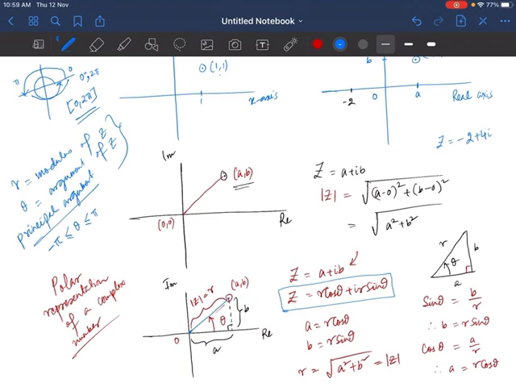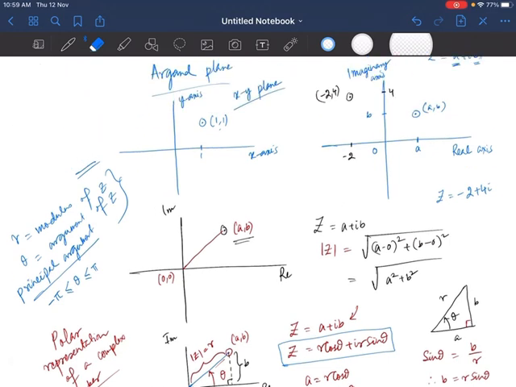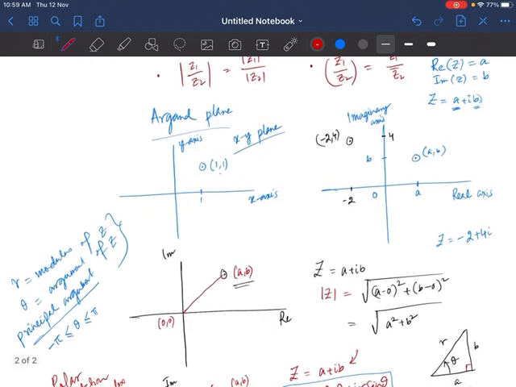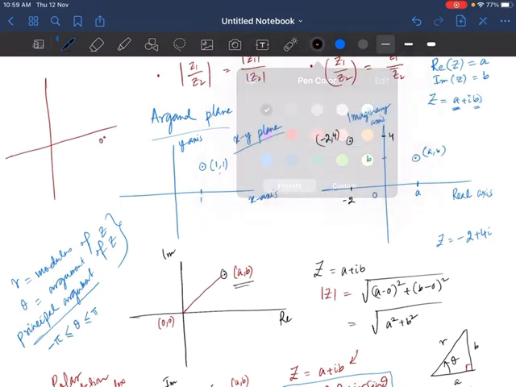Let me do one small diagram here. What I was talking about, 2 pi, is starting from 0 degrees, from the positive direction of the x-axis, and this is my 2 pi.